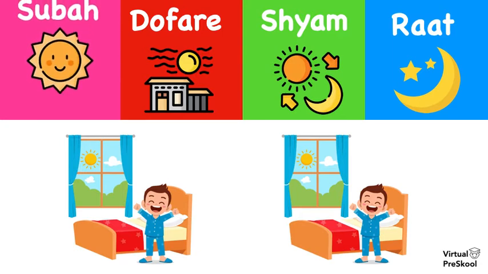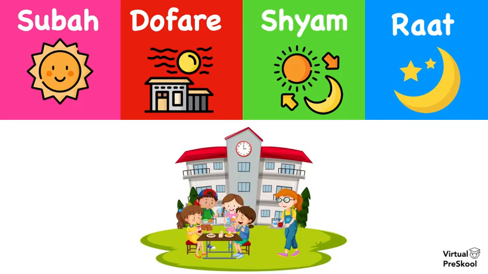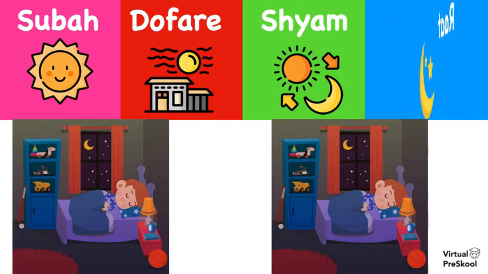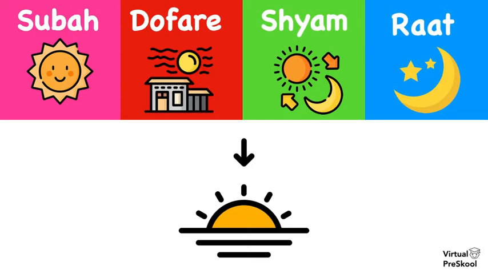Subah. What about this one? Subah, doupher, sham, or raat? Well, it looks like these kids are having lunch at school, so this would be doupher. What about this one? Subah, doupher, sham, or raat? Raat. And look at this one. This means that the sun is going down.